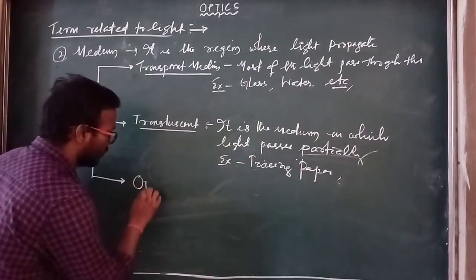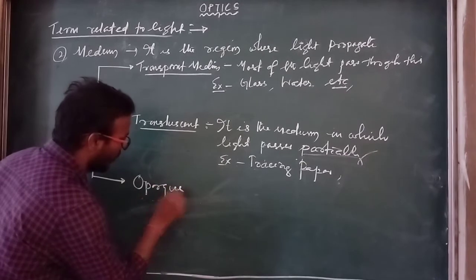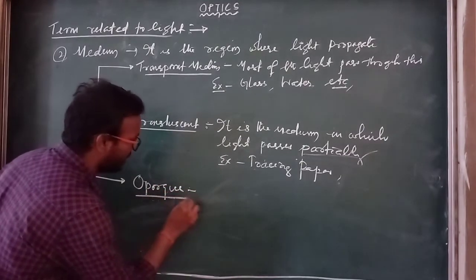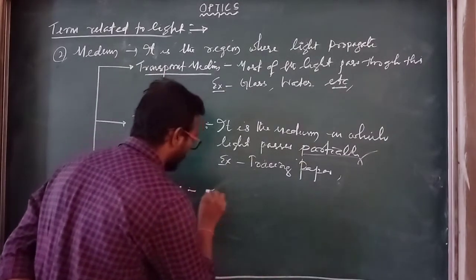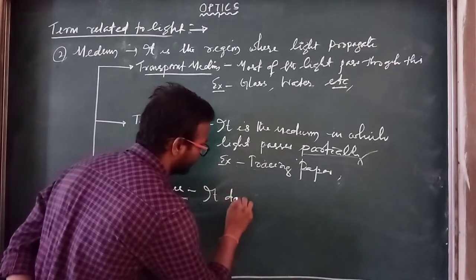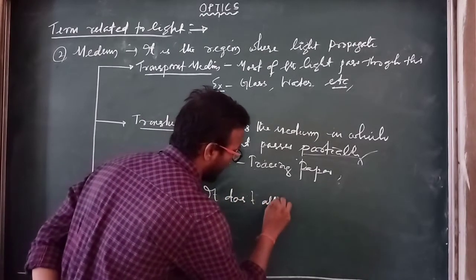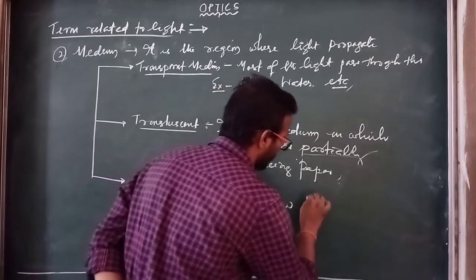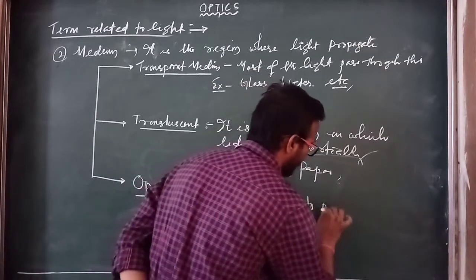And next one is opaque. Opaque medium. And what is an opaque medium? It does not allow the light to propagate.